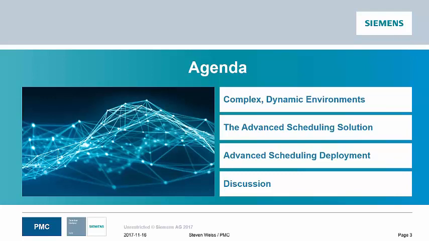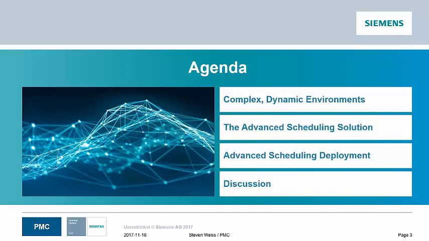Optimizing production schedules, we want to set up the why and the what and the how. The why is the complex dynamic environments in which production scheduling takes place and which necessitates an advanced solution.